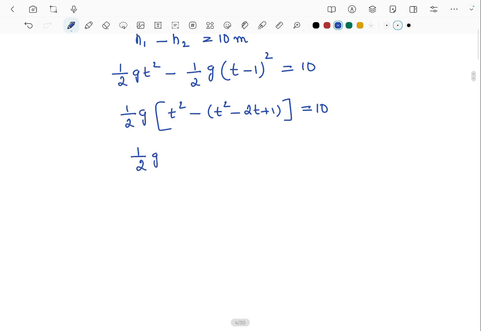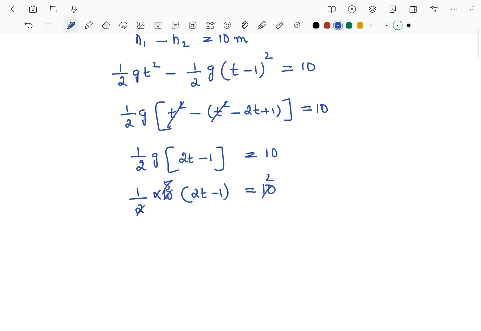Half g into, this gets cancelled, I have 2t minus 1 should be equal to 10. Since g is 10, half into 10 into 2t minus 1 is equal to 10. This becomes 5, and the 5 and the 10 can be cancelled.